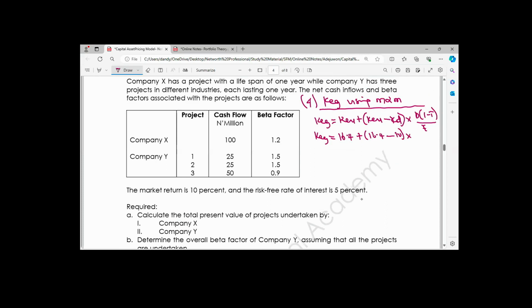Then multiply by D over E, which is 0.5. The examiner gives us the debt equity proportion as 0.5. Then multiply by 0.65.